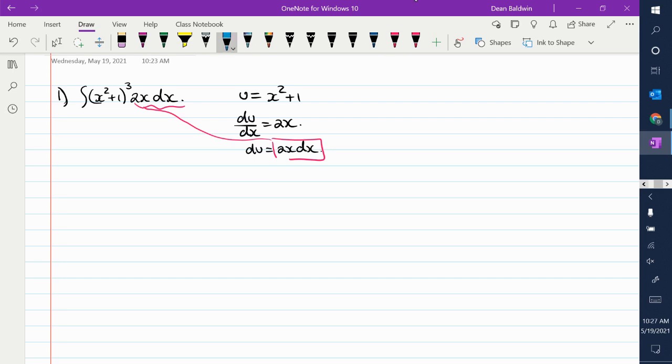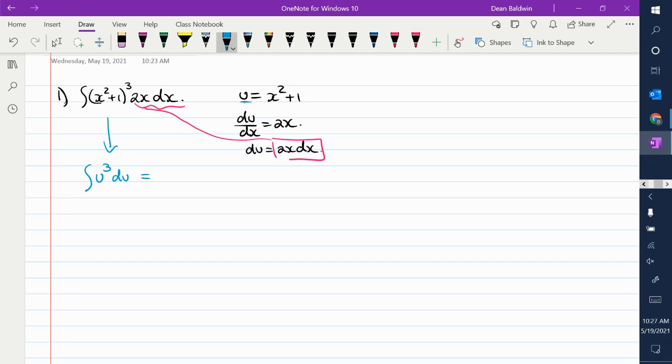So this integral now becomes, instead of x squared plus 1, we said that x squared plus 1 was equal to u. So that becomes u cubed. And then 2x dx is equal to du. So now we've created a different integral that is much simpler in terms of u's. And we can now integrate this.